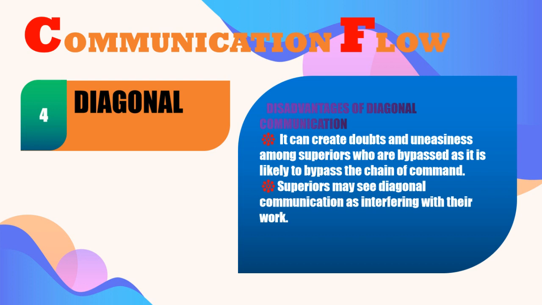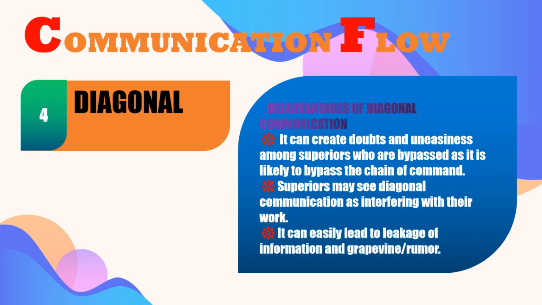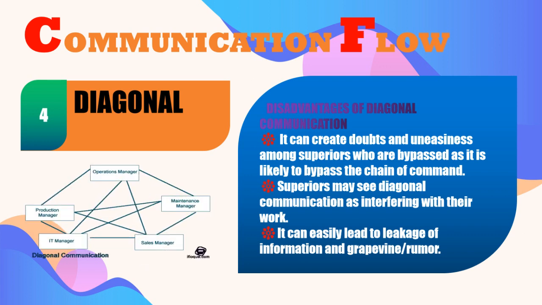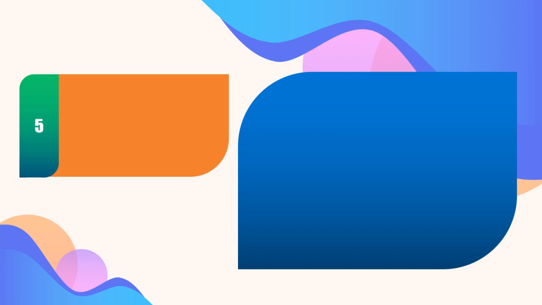Superiors may see diagonal communication as interfering with their work. It can easily lead to leakage of information and grapevine, or what we call rumor or gossip. So that is the diagonal communication flow.